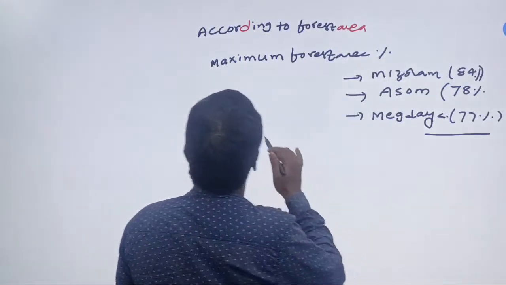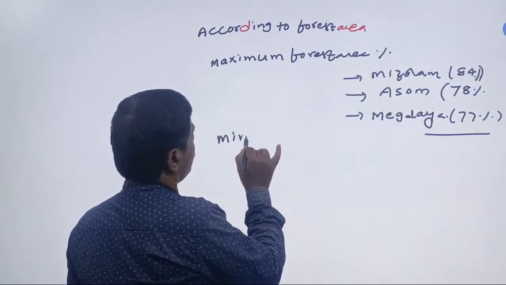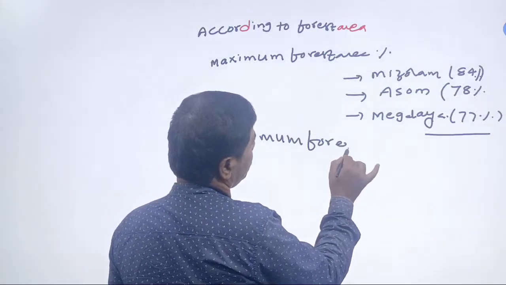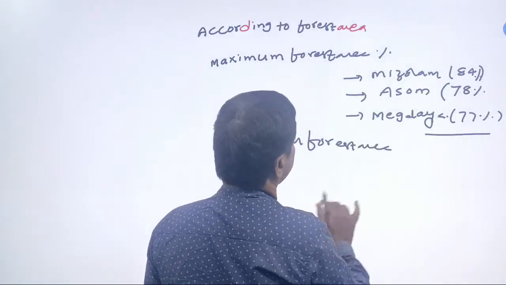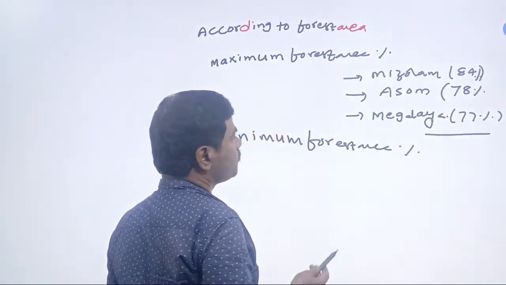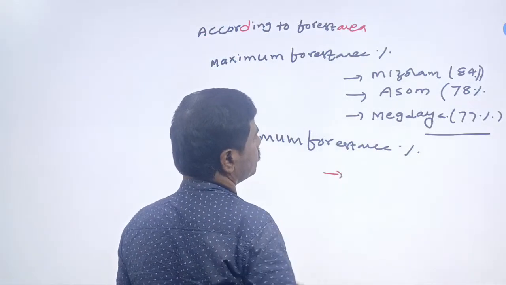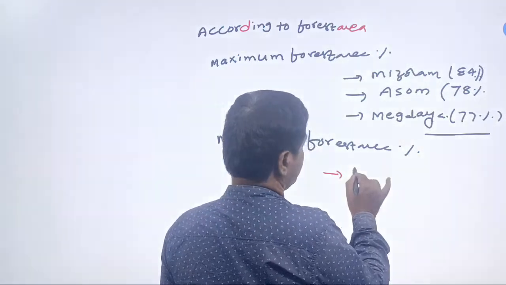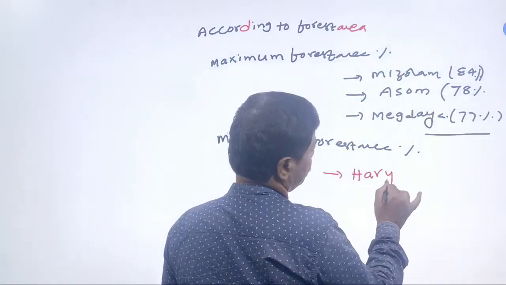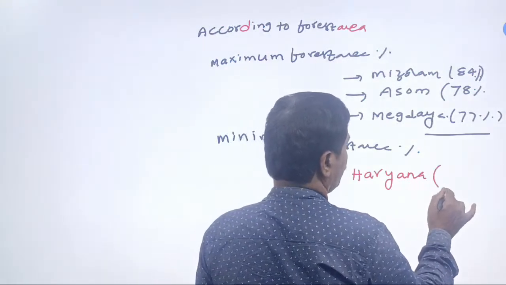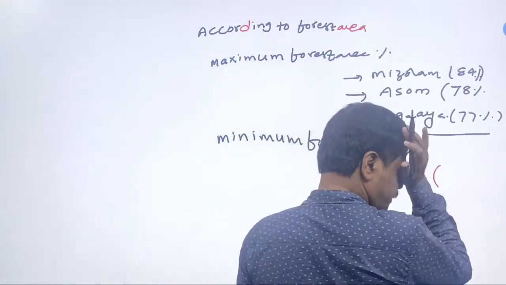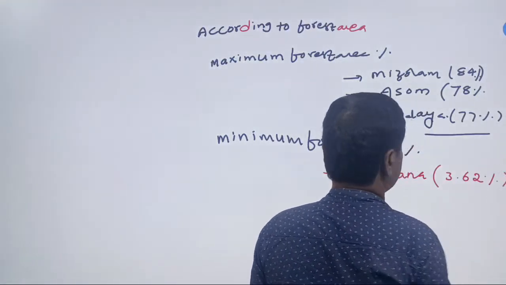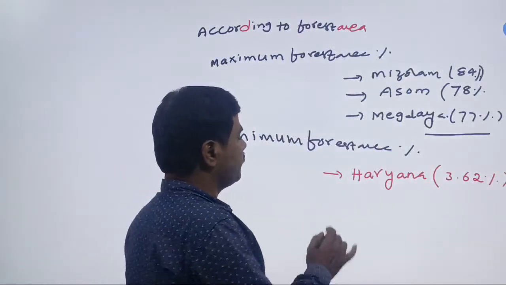Now, minimum forest area in percentage. Least is Haryana, which has 3.62 percent, very less in India.